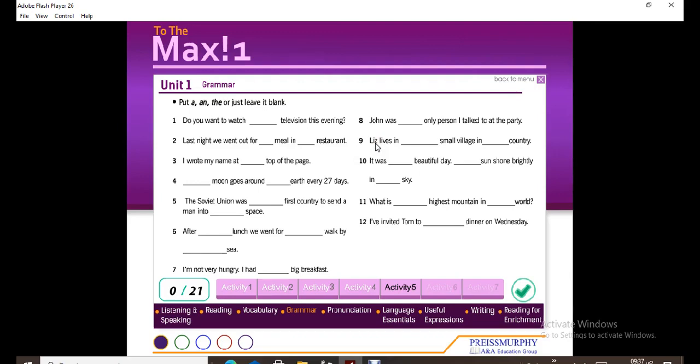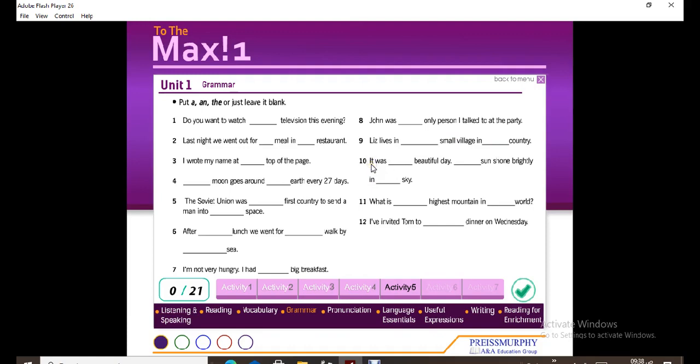Now, Liz, a name of a girl, lives in a small village in the country, for example, my country, it is known in the country. Again, Liz lives in a small village in the country. Okay, now number 10.